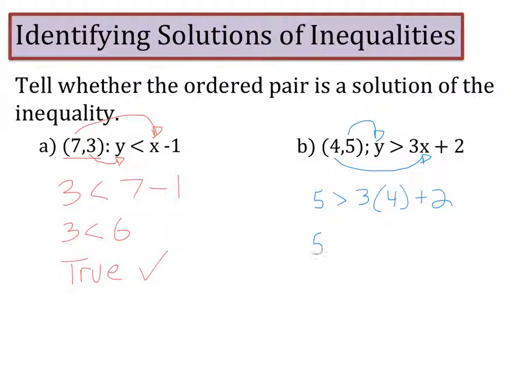So we have 5 is greater than 12 plus 2. Now we obviously know that 5 is not greater than 14. So this is false. So we know that 4 comma 5 is not a solution to that inequality.